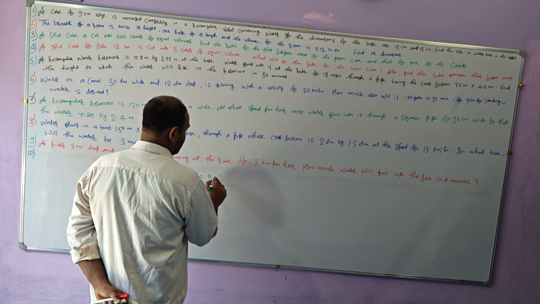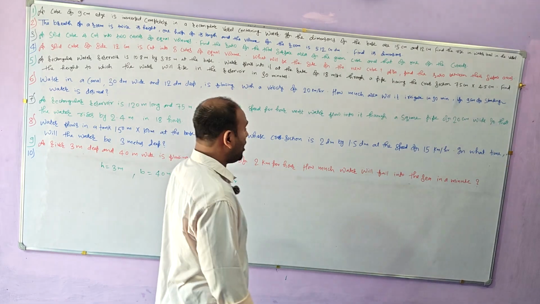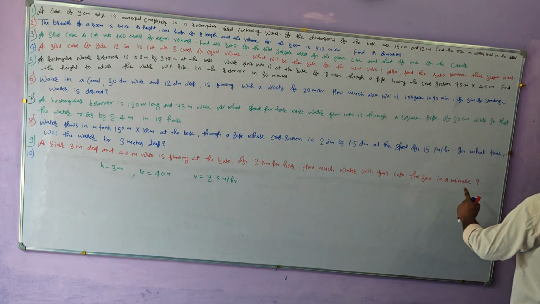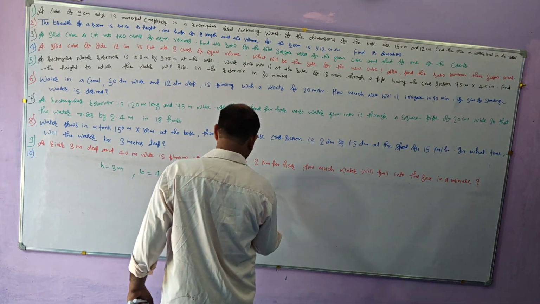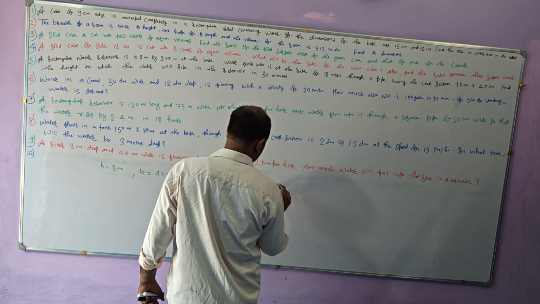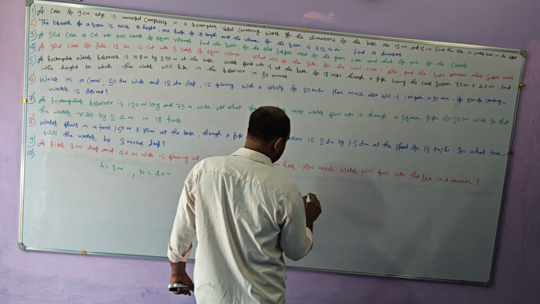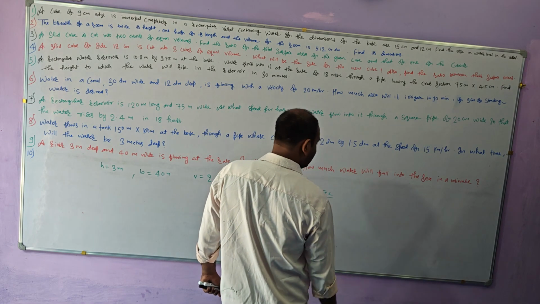That means V is equal to 2 kilometers per hour. How much water will fall into the sea in a minute? T is equal to 1 minute, or 60 seconds.